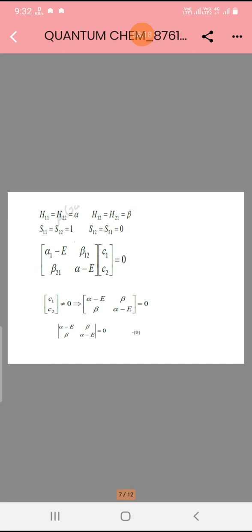The reduced Hückel determinant is lambda, 1, 1, lambda, is equal to 0, which on expansion gives lambda square minus 1 is equal to 0. The lambda value is equal to plus or minus 1.